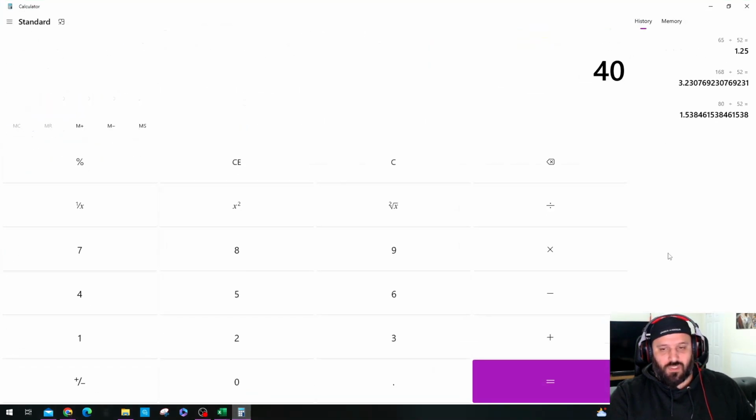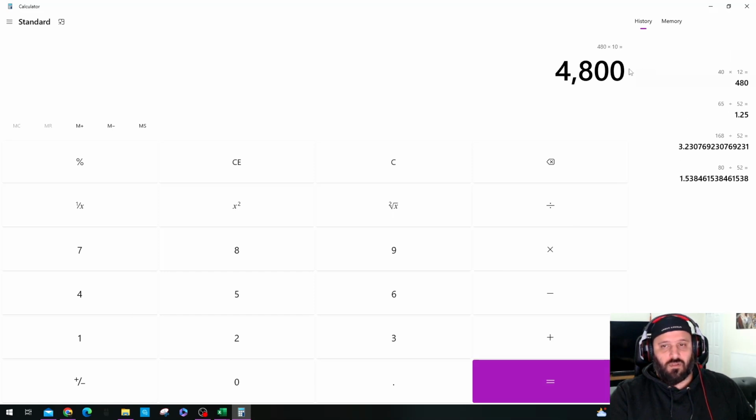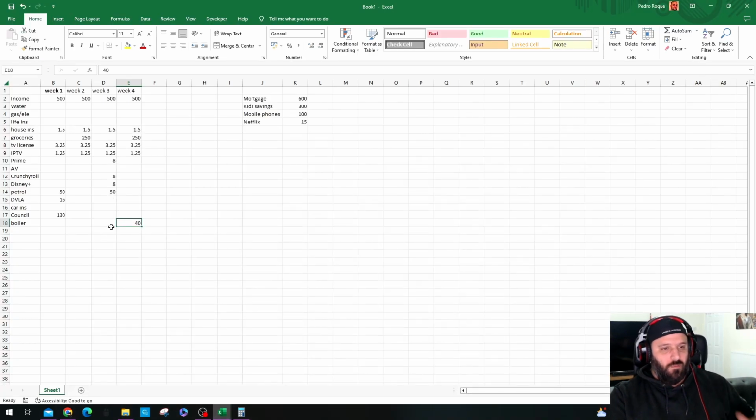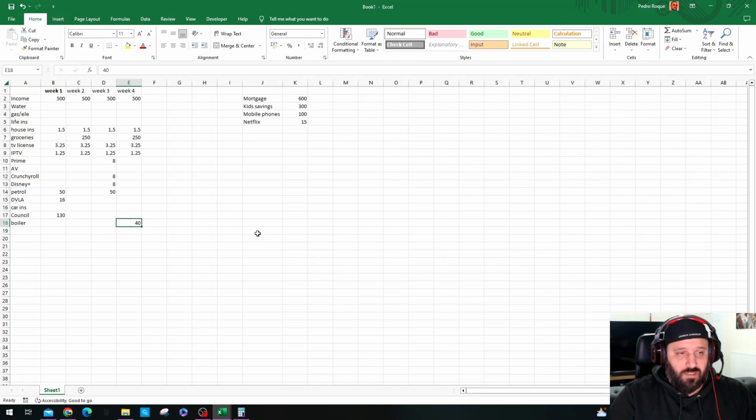So £40 times 12 times 10 costs me 4,800, a brand new boiler, with all the installation, everything. And it was £40 a month without interest rates.